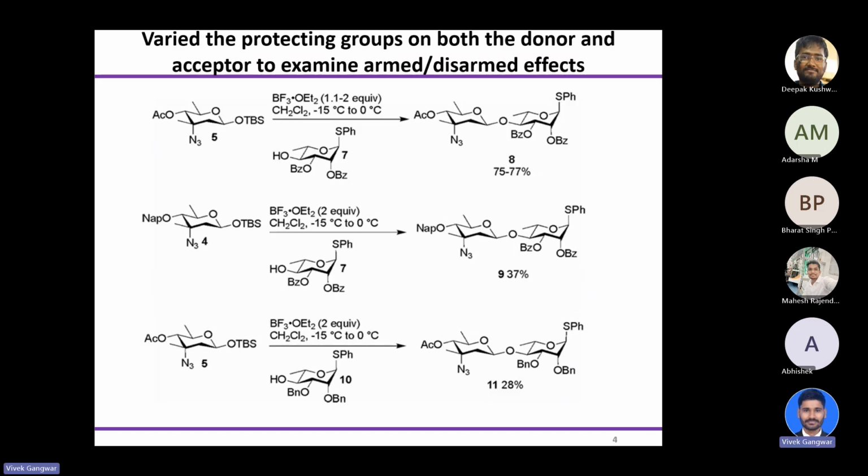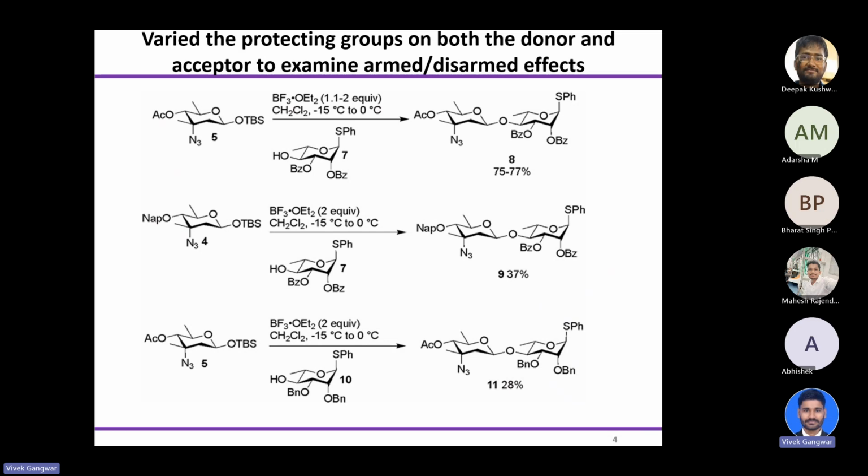This varies the C4 position protecting group using the armed and disarmed effect. In case of disarmed, they are getting beta selectivity, and in case of armed, also getting beta selectivity, but the yield is decreasing.